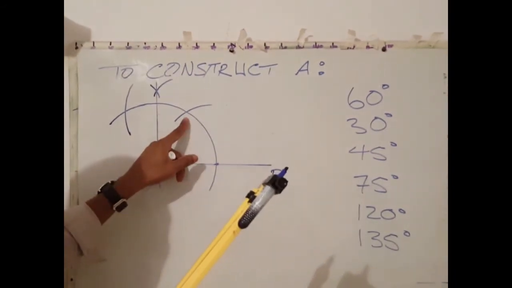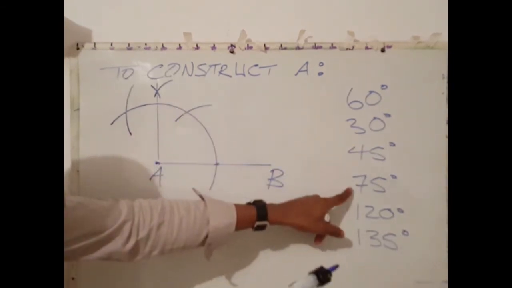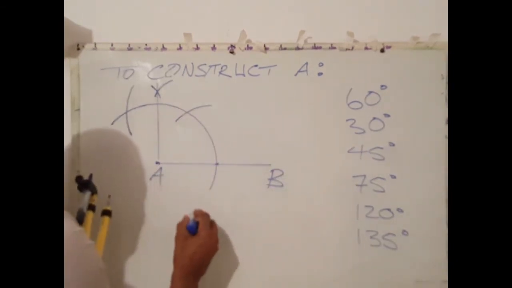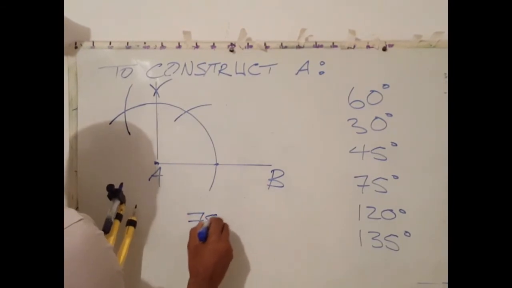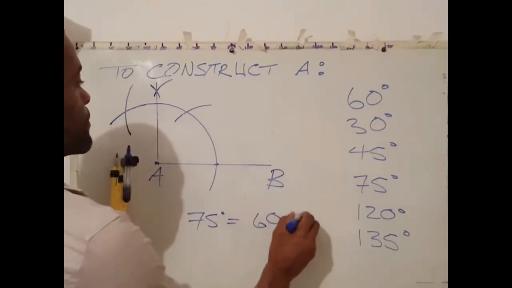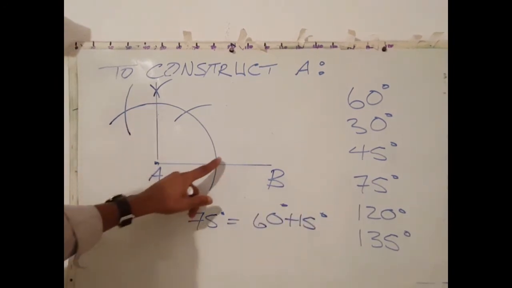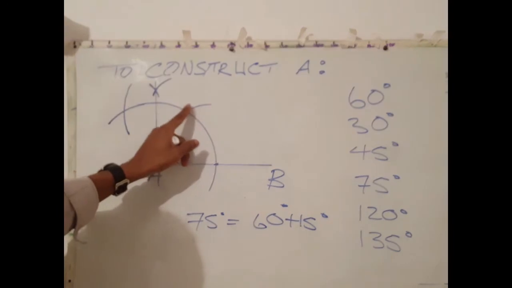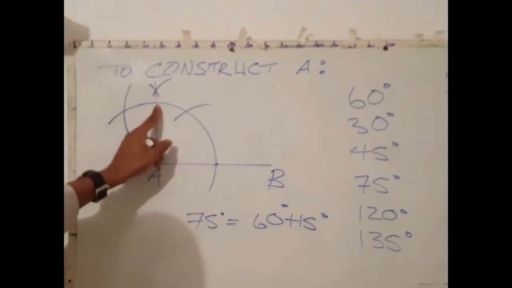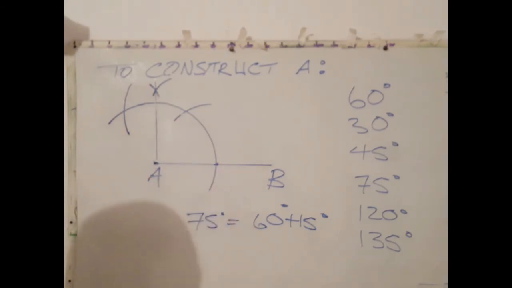If from here to here is 60, from here to here is 30, 75 is 60 plus 15. We have our first 60, from here to here is 30, so we're going to bisect between the 60 and the 90 to get our 75.